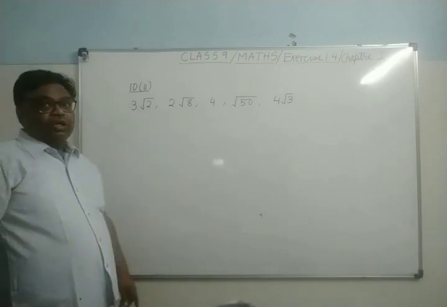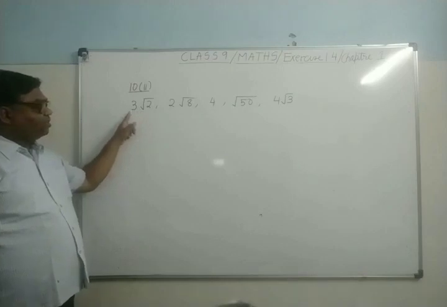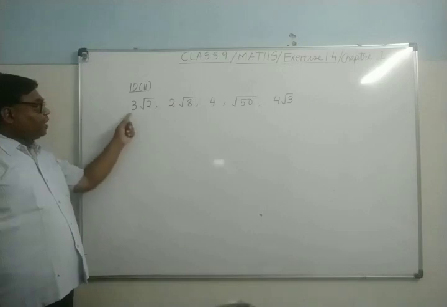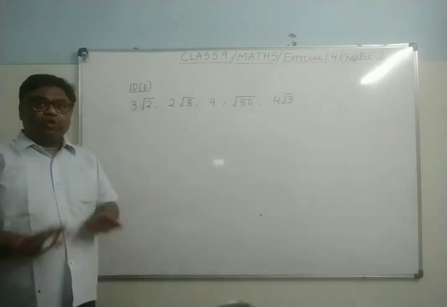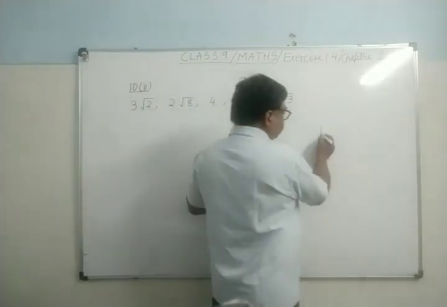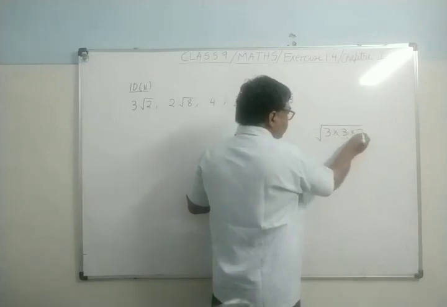square root. जैसे यहाँ स्क्वायर रूट के पहले 3 है, so that you have to remove. And how you have to remove? By taking it inside. इसलिए there should be no number before the square root. As you know that suppose it is given 3 into 3 into 2.